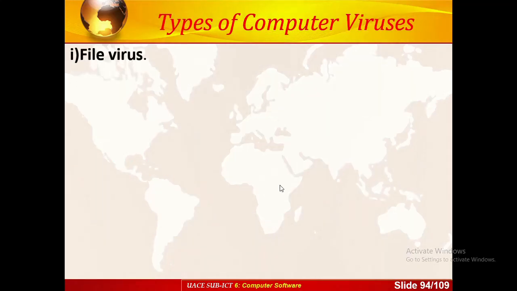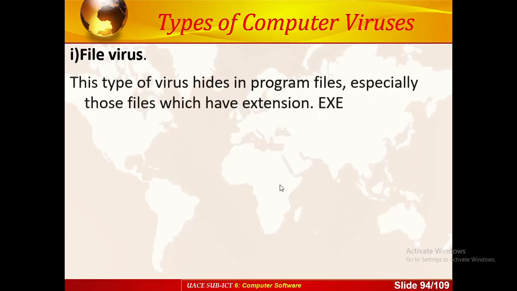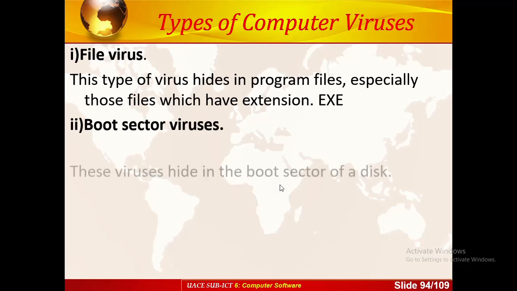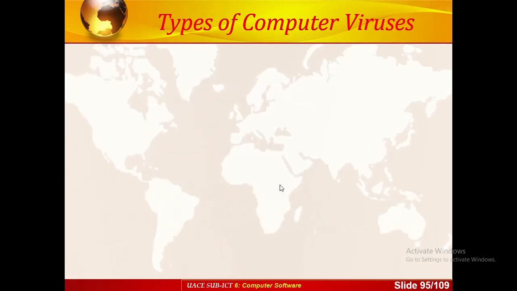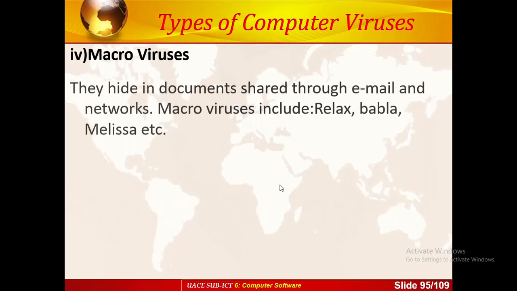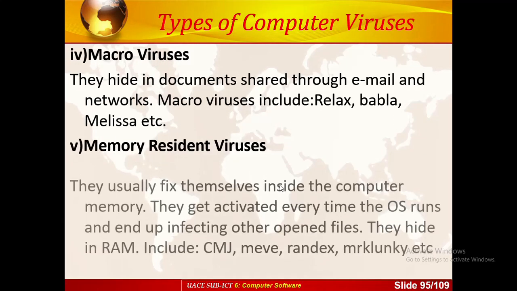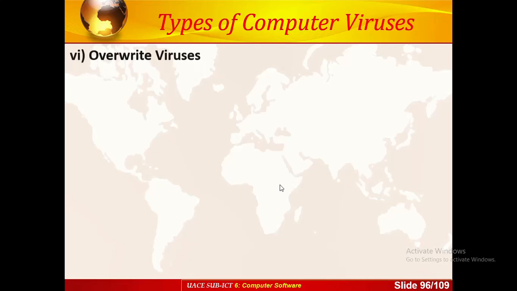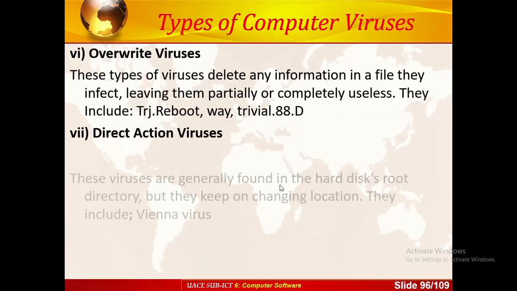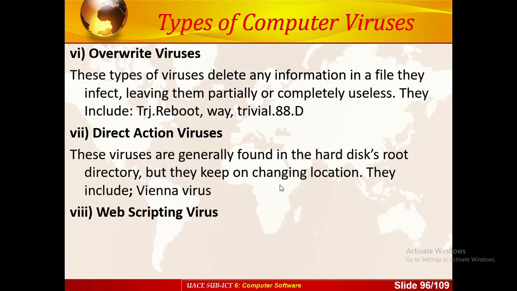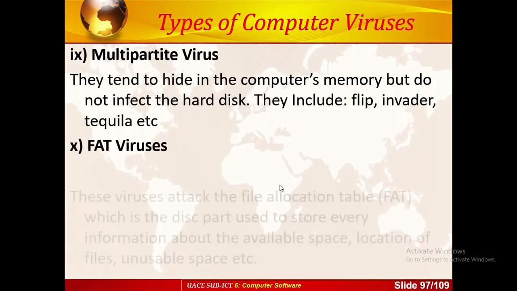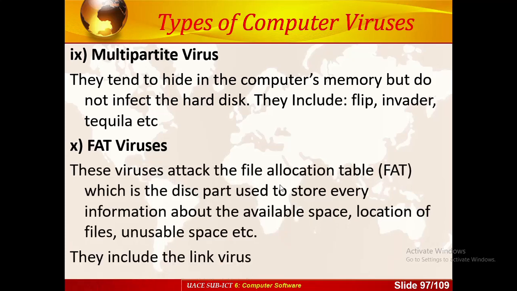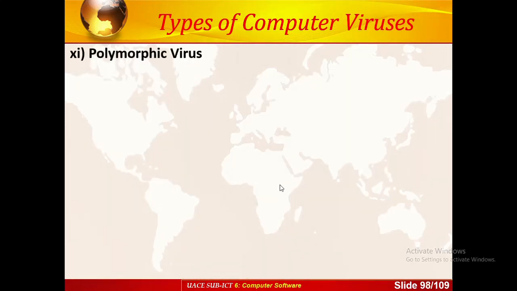We have different types of viruses, like file viruses, boot sector viruses, partition sector viruses, macro viruses, memory resident viruses, overwrite viruses, direct action viruses, web scripting viruses, multipartite viruses, FAT viruses, and even other viruses like polymorphic viruses.